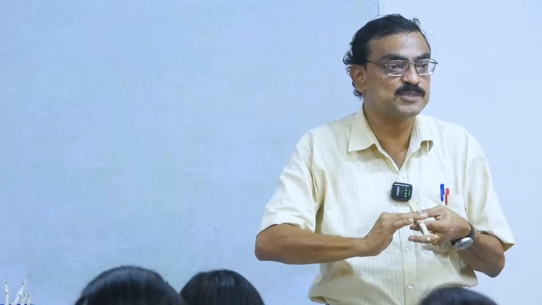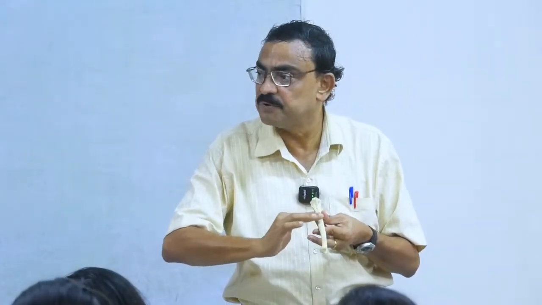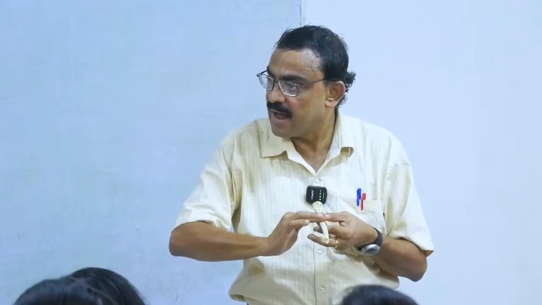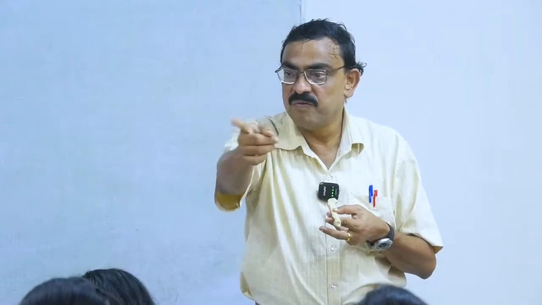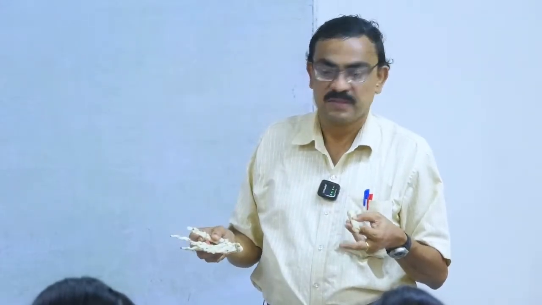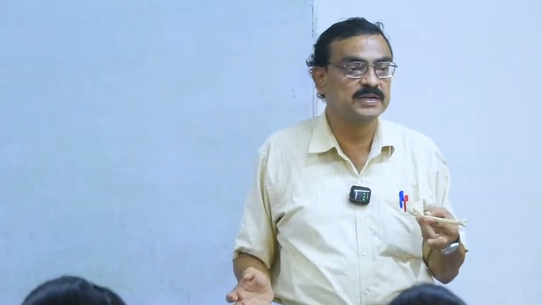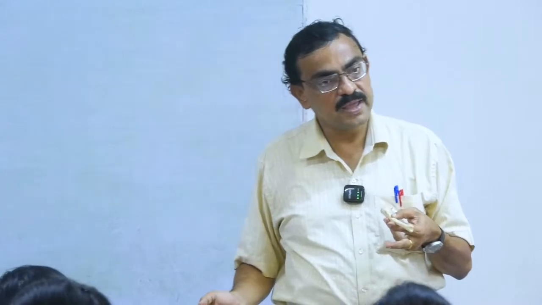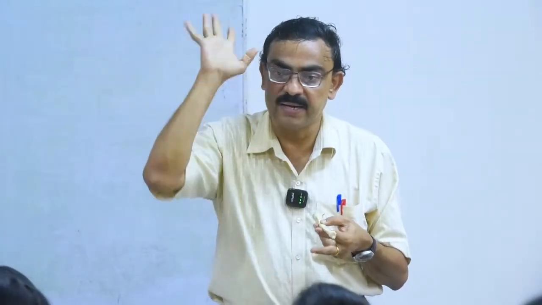This muscle takes origin from the anterior surface of the upper 3/4 of the ulna, and it is inserted over the medial 4 digits, that means on the terminal phalanx of the medial 4 digits. That is called flexor digitorum profundus.